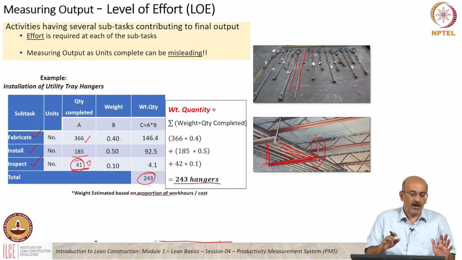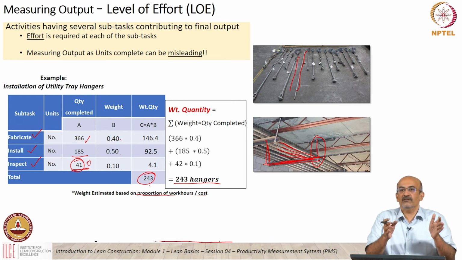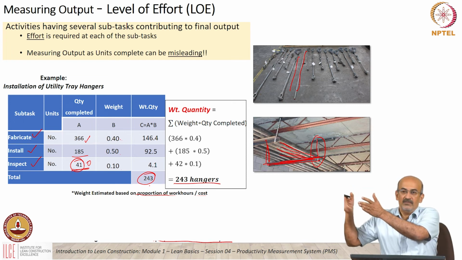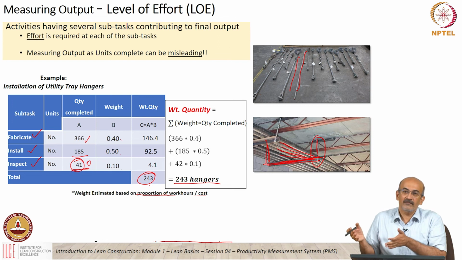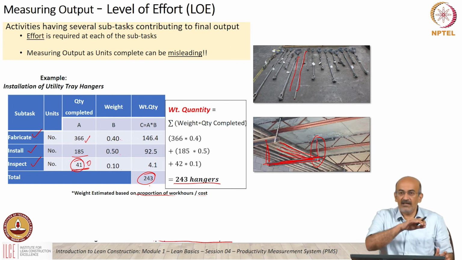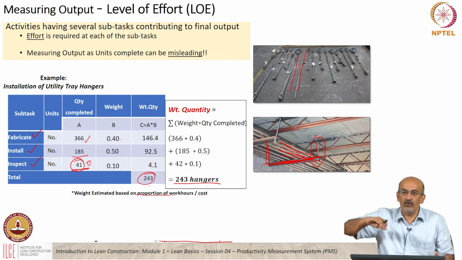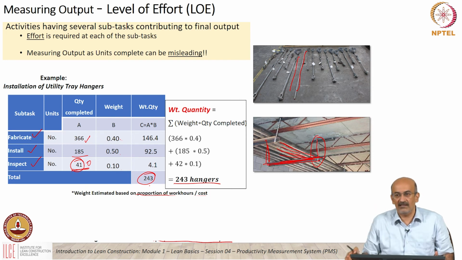Number 2, I have seen several activities where at the beginning of the week the outputs are 0, 0, 0, 0, and towards the end of the week the output is almost 100%. What does that mean? The work is not complete. At the beginning of the week all the subtasks are being done, and towards the end of the week the whole thing gets fabricated. So if you're trying to measure daily productivity on that, you will get a very incorrect view of what is actually happening on site.